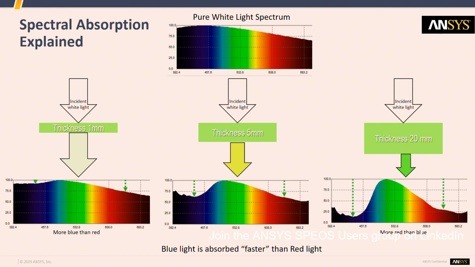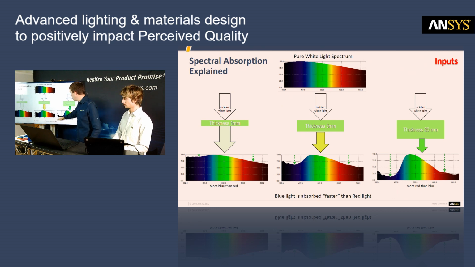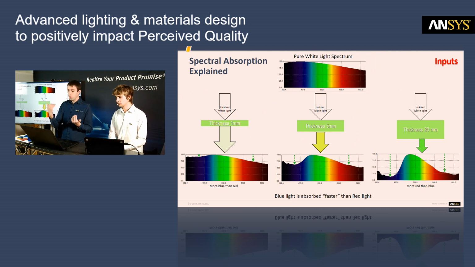This is why with a medium thickness, you'll have a more green, more balanced color, while for a stronger thickness, all the blue will be taken away, while there will still be some yellow and red part of the light. So depending on the thickness, the balance between blue and red will totally change, and that's why just the geometry size will impact the color of the material, though the material is still exactly the same.